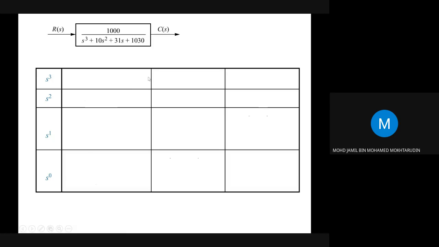And then you fill in the two top rows, s^3 and s^2. Okay, 1, 10, 31, 1030. And then here you have an empty column, so you just put 0.